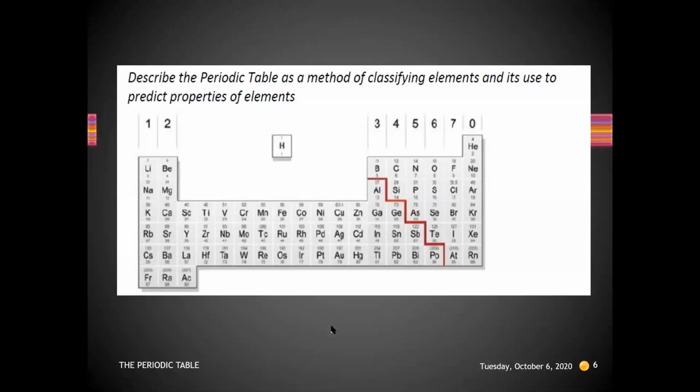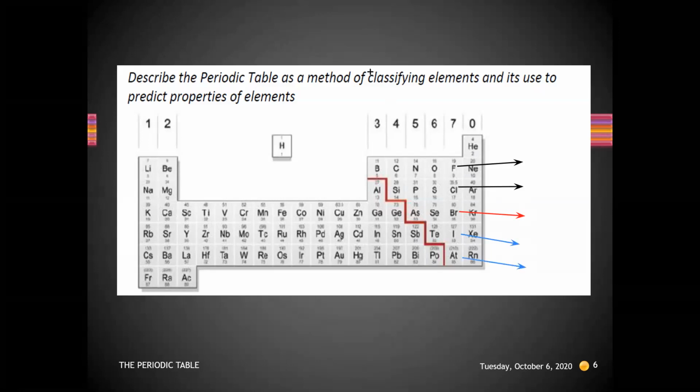When you check group 7 elements, fluorine is a gas, chlorine is a gas, bromine is a liquid, iodine is a solid, astatine is a solid.